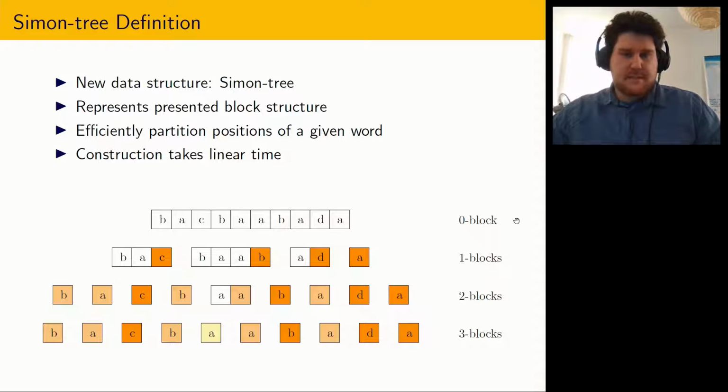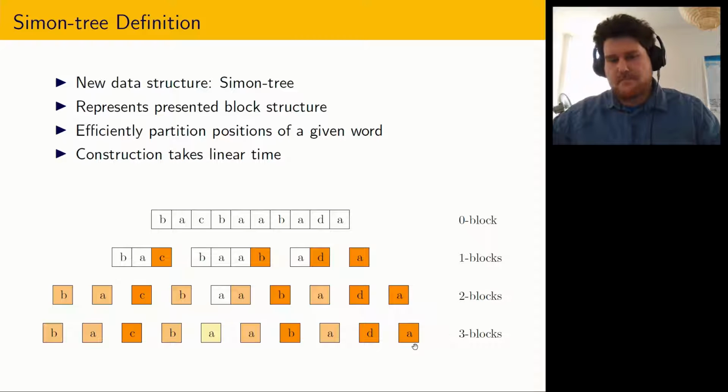One part is that I said when we have a block which already only consists of one position, then this position will, of course, for every k be the same block, right? Because, well, we have one position, and this one position is always equivalent to itself, regardless of how large the k is.